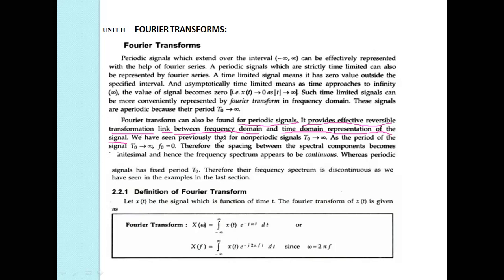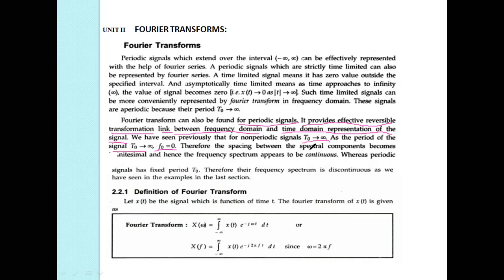We have seen previously that for non-periodic signals, as the period of the signal T tends to infinite, the frequency becomes 0 because time and frequency are inversely proportional. If time is infinite, the frequency is 0.